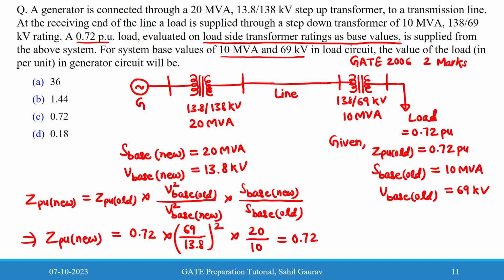So it will be 0.72 into 25 multiplied with 2, it will be 36 per unit. So the answer will be A.